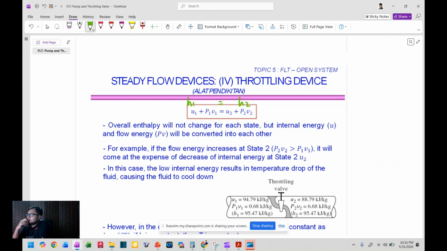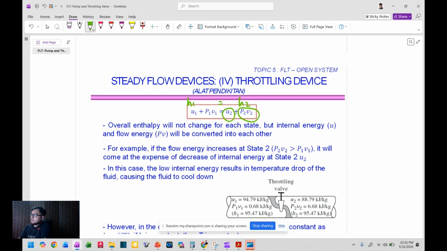Now, overall enthalpy will not change for each state, but the internal energy and the flow energy will be converted into each other. For example, if you have a larger flow energy at state 2, this will come at the expense of a lower U2, to make sure that U1 plus P1V1 has the same value.